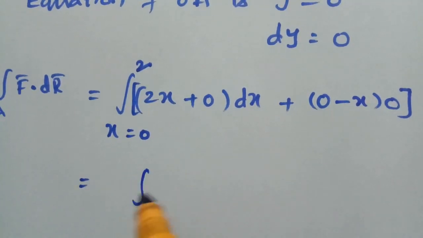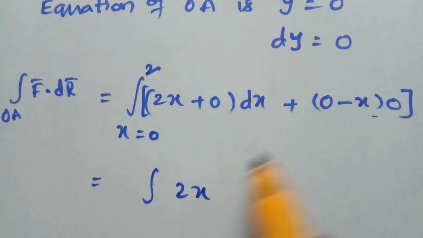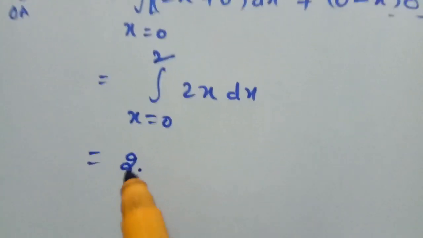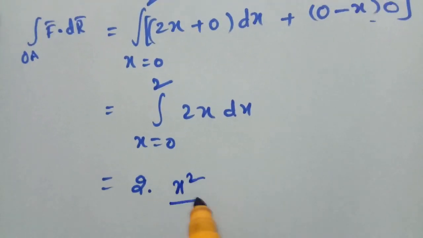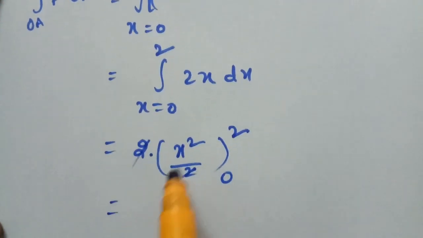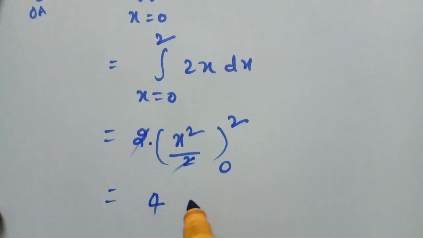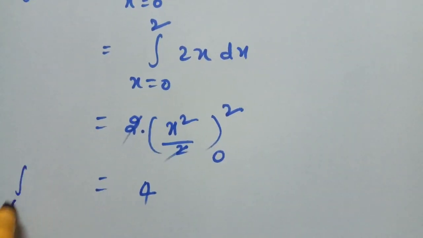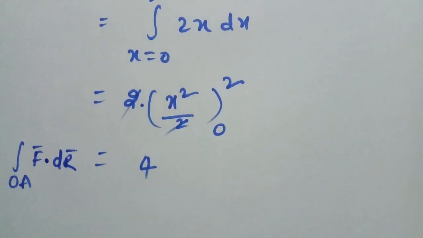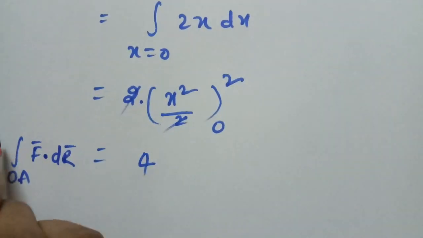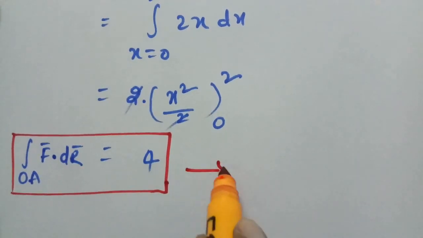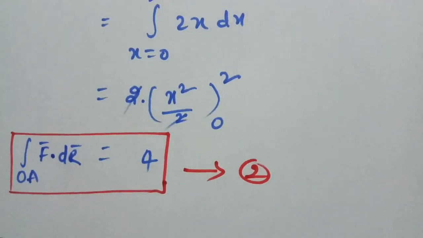Therefore, this becomes the integration of 2x, x equal to 0 to 2. 2 is a constant. Integration of x is x squared by 2, limits 0 to 2. Therefore, upper limit is 2 squared, lower limit is 0. Therefore, the integration along OA of f bar dot dr bar is equal to 4. Say this is equation number 2.